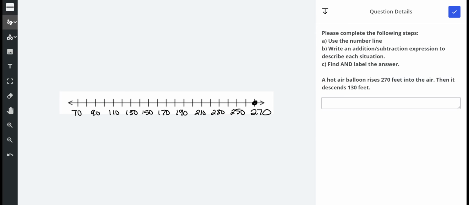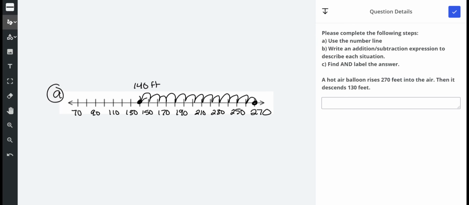All right, so I'm going to go back 130 feet. So this is 10, 20, 30, 40, 50, 60, 70, 80, 90, 100, 110, 120, 130. So that is 140 feet.